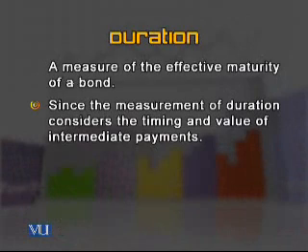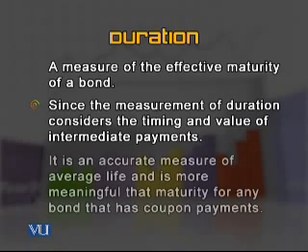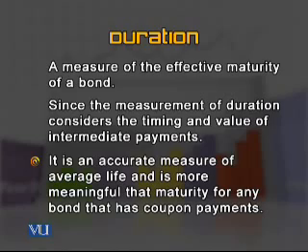Since the measurement of duration considers the timing and value of intermediate payments, it is an accurate measure of average life and is more meaningful than maturity for any bond that has coupon payments.